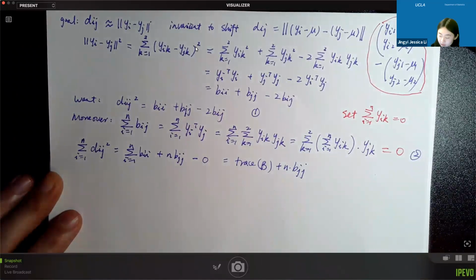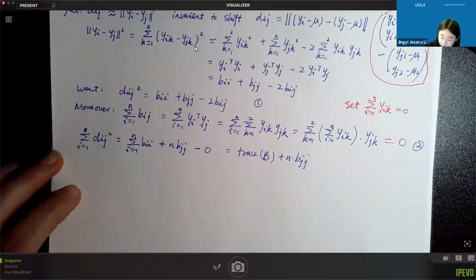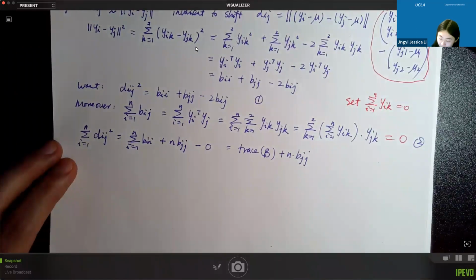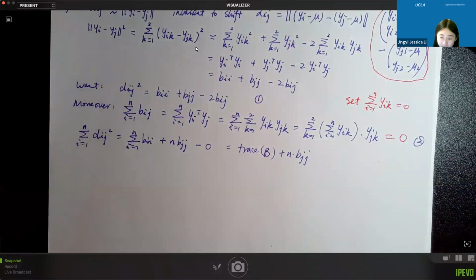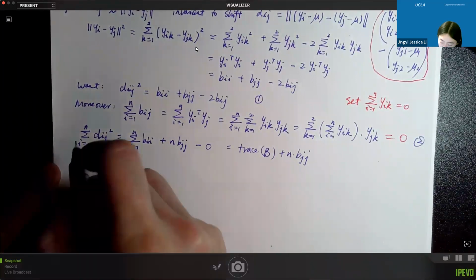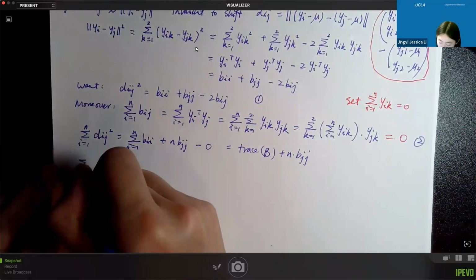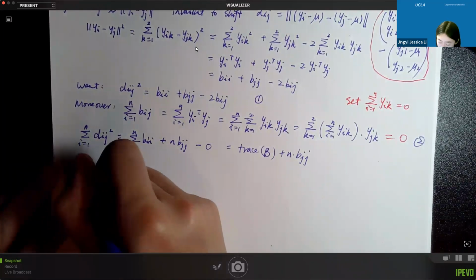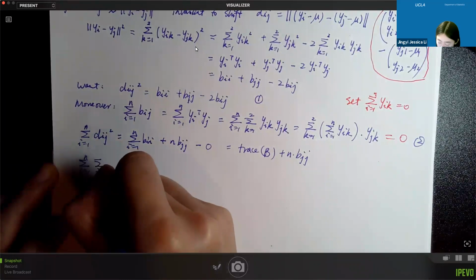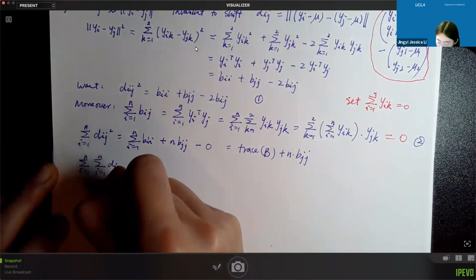So this is something nice to see. I'm getting a simpler and simpler result. Then furthermore, what I could do is take the summation for j as well. So double sum, i from 1 to n, j from 1 to n, dij squared.